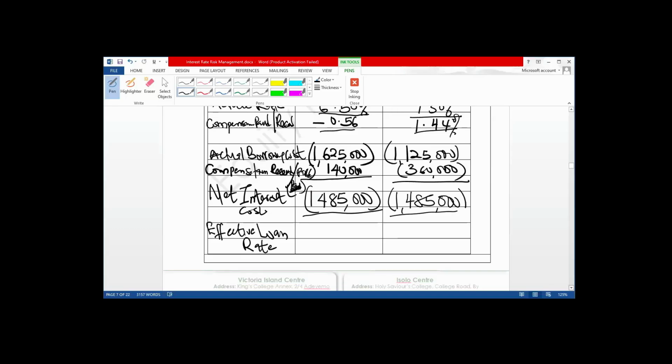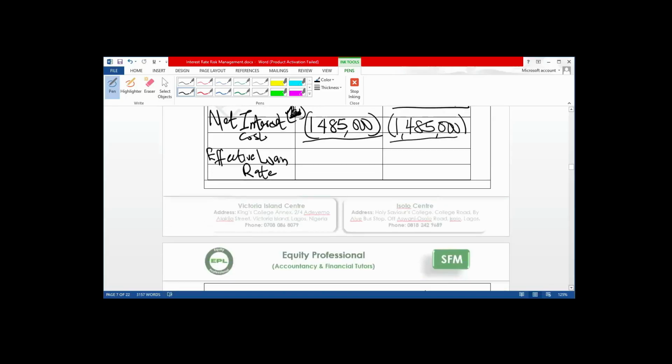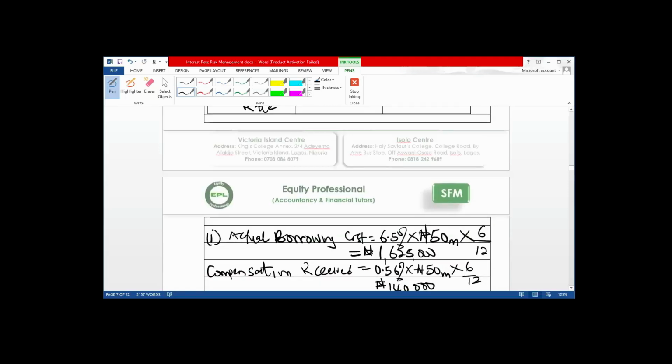What is the loan rate? Effective loan rate. Please look how to calculate it.